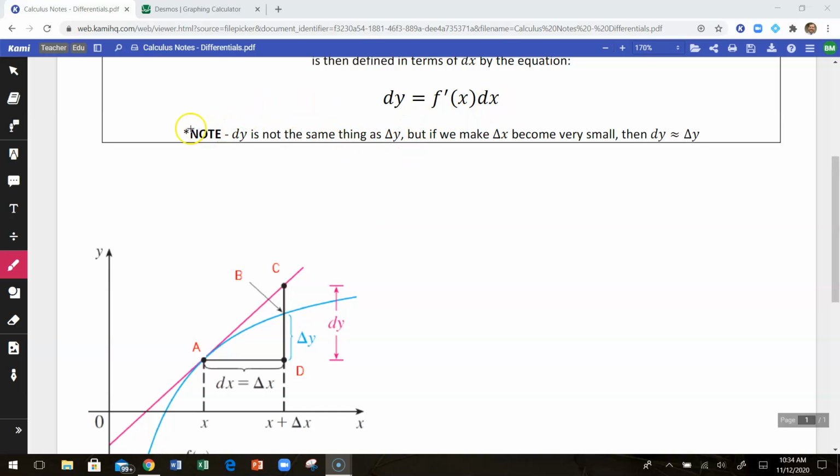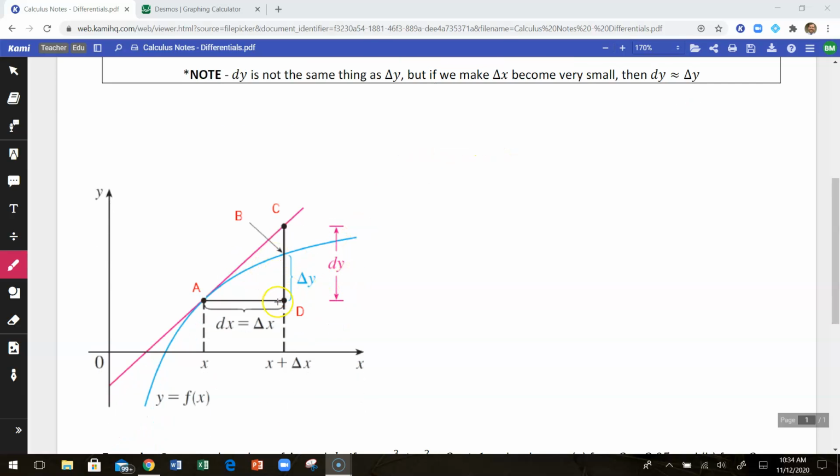So an important note: dy is not the same thing as delta y, but the idea is if I make delta x really small, which means the difference in my x values gets really small, so those two x values are getting really close together, then you can see that dy and delta y will also get closer and closer in value.